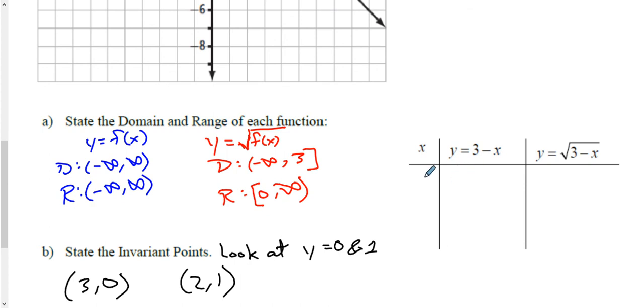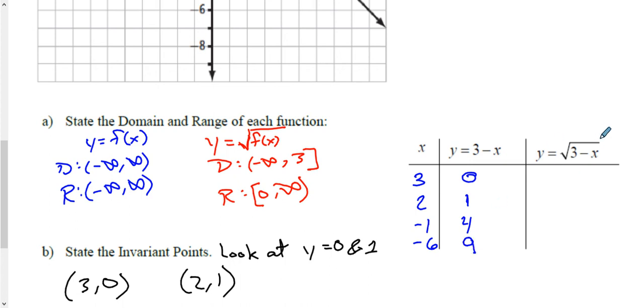Let's pick x equals 3, let's do 2, let's do -1, and let's do -6. At x equals 3 on our original graph, we should have a y value of 0. At x equals 2, we should have had a y value of +1. At -1, you should have been at +4. And at -6, you should have been at a value of +9.